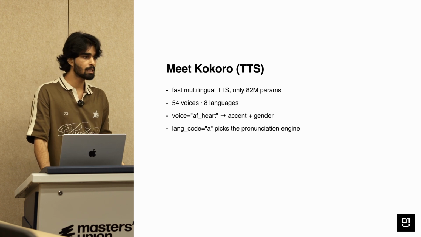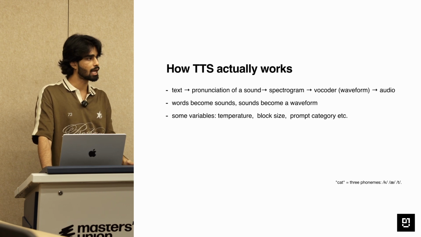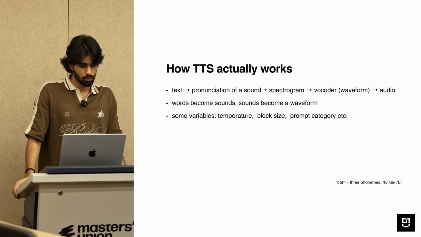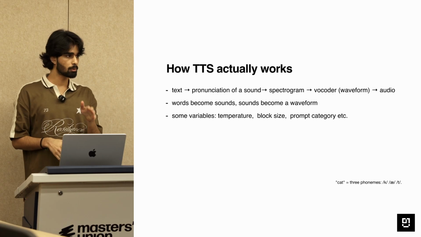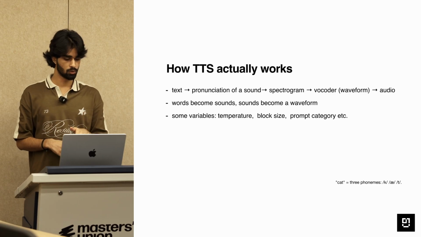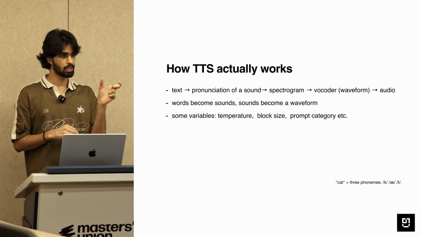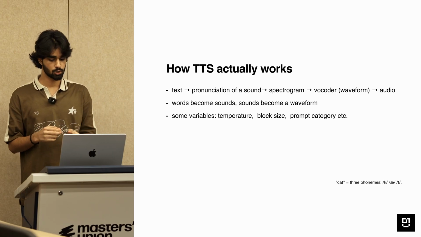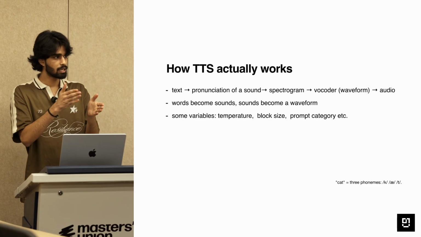Now going deep into the TTS model, this is just a simple way of how TTS actually works. This is the architecture of Kokoro, which is a TTS model. You have a text, you set a pronunciation of that text, which could be, like I mentioned here, cat, which is KAT.